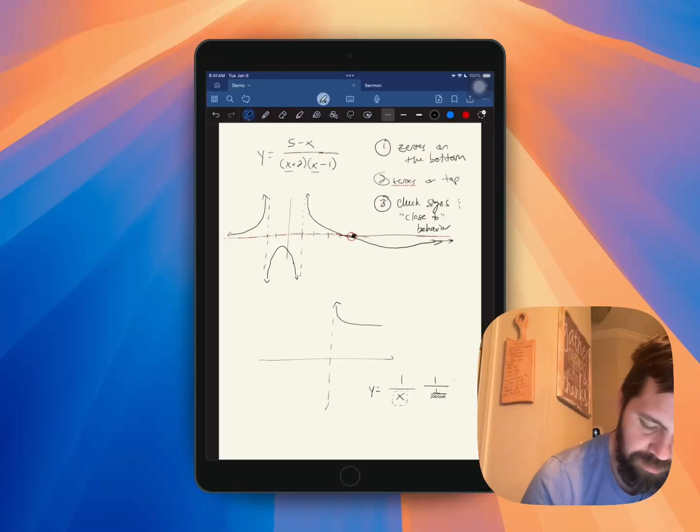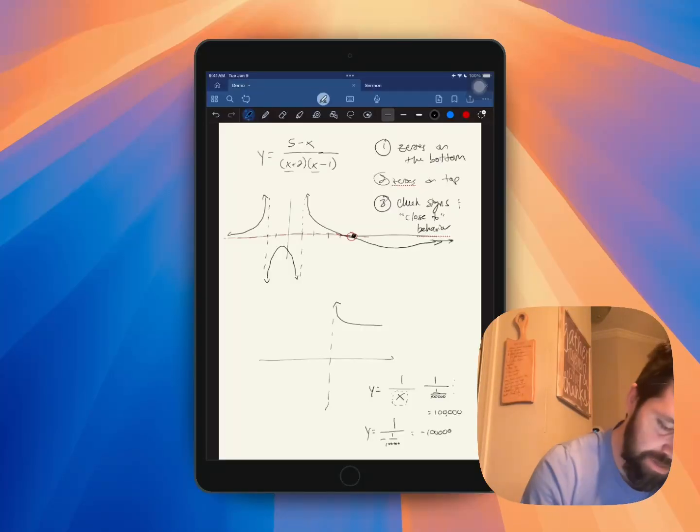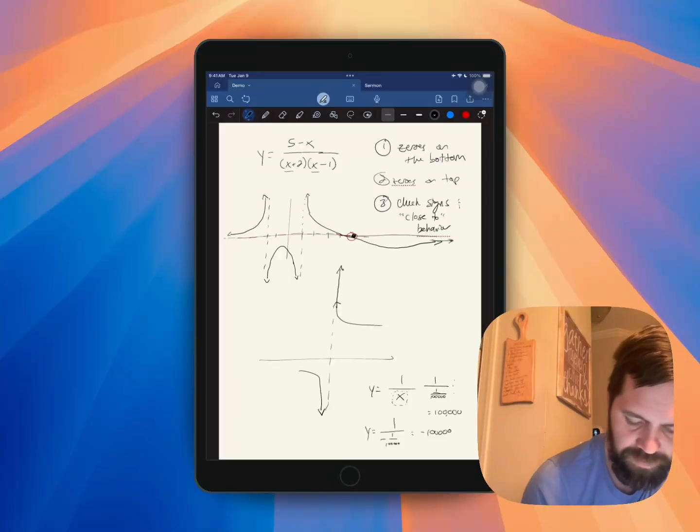Remember, keep, change, flip. That's ultimately going to become a big number. Same if it's negative. Keep, change, flip. It's going to become a really big negative number. And so that's how we end up with this behavior going up to the sky and down to the ground.